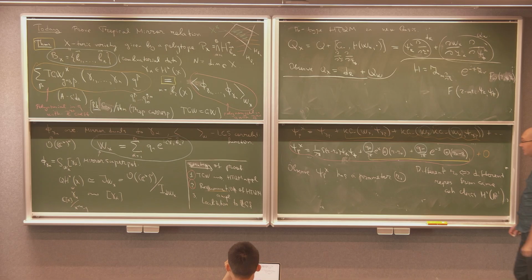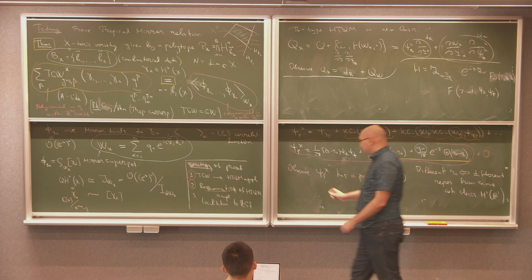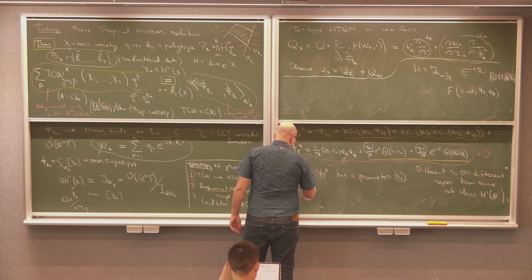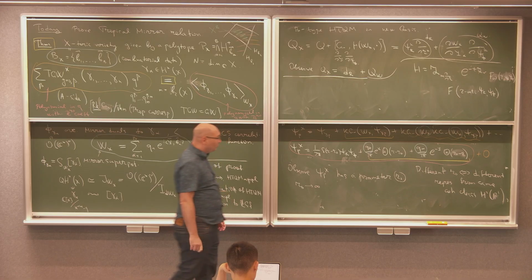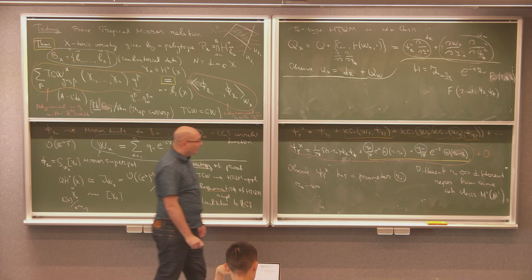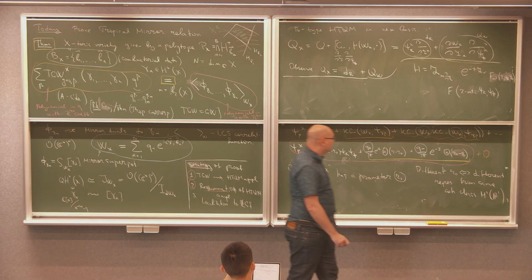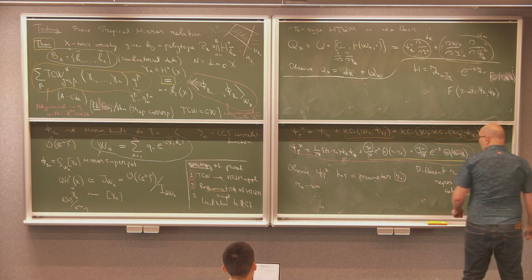So let us try to take a limit. Let us take the limit R0 goes to plus infinity. So when R0 goes to plus infinity, we see the following thing.